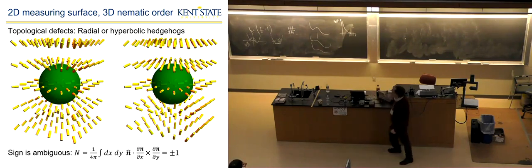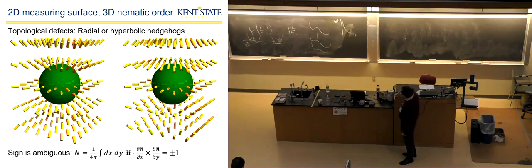So you can still make hedgehogs. So this is a radial hedgehog. This is a hyperbolic hedgehog. They are both characterized by this integral for the hedgehog charge.